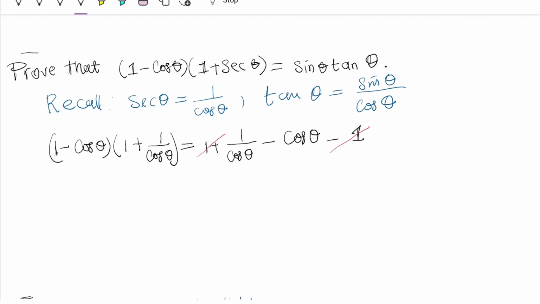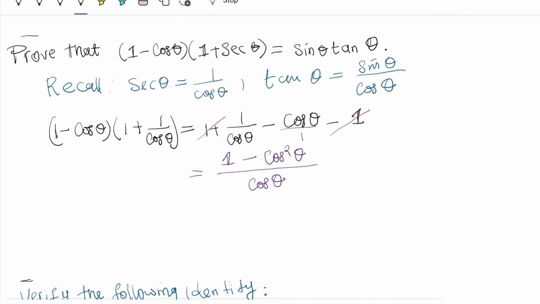That is a 0. I have 1 over cos theta minus cos theta over 1. So we can combine this using just simple algebra. So this is equal to, okay.